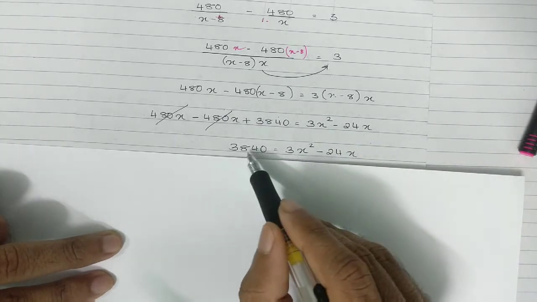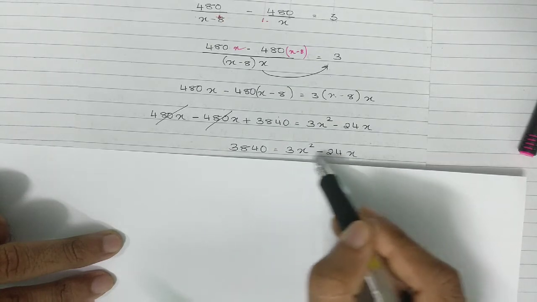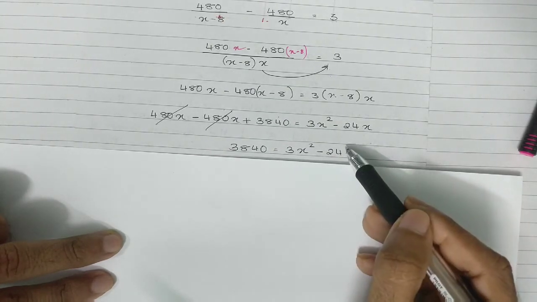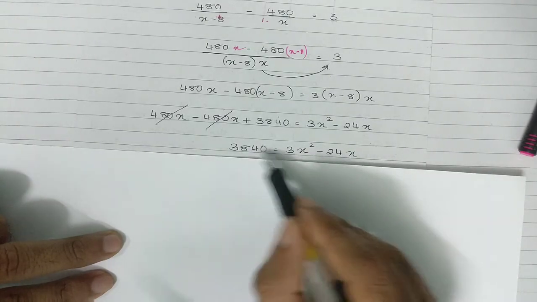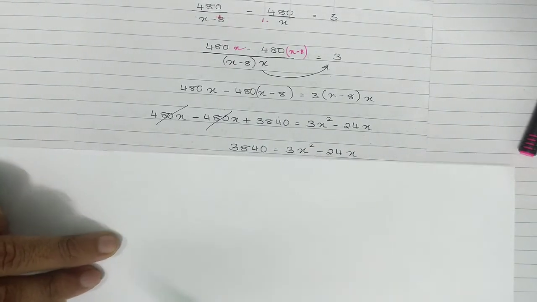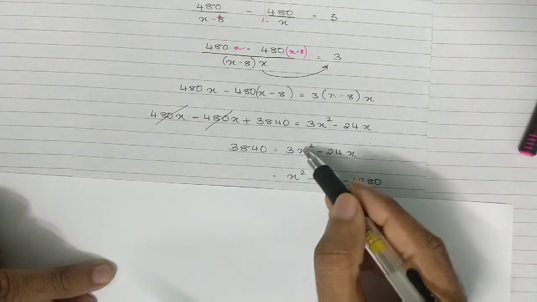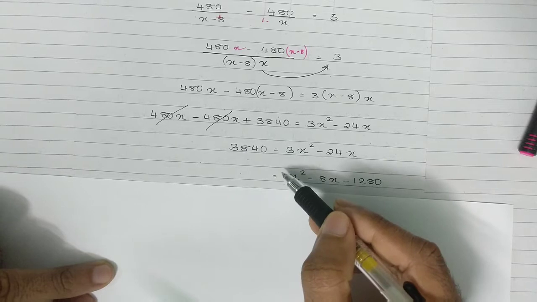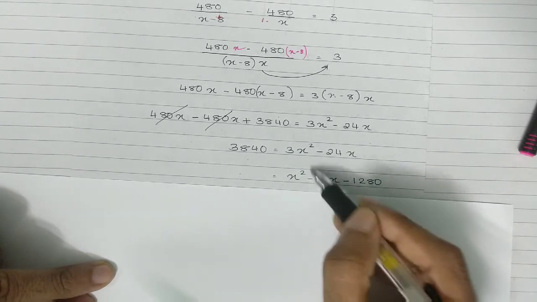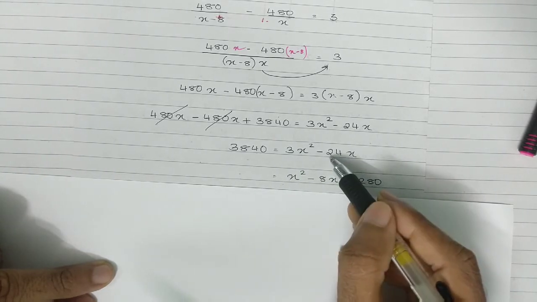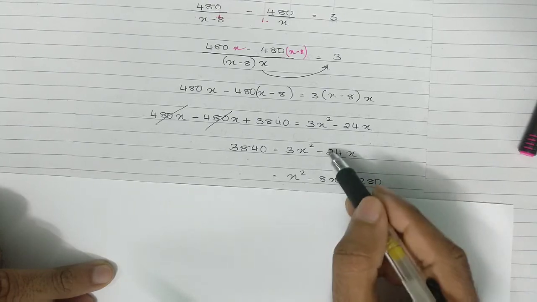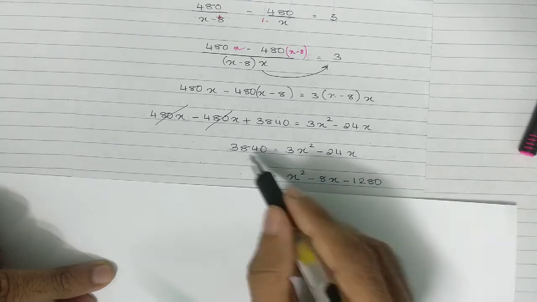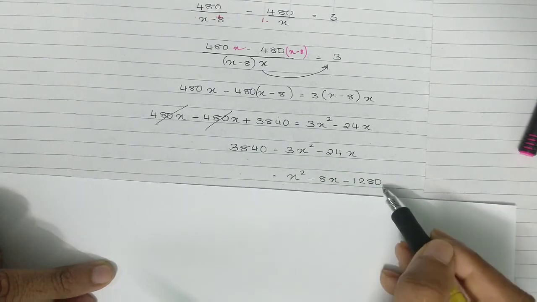Now if you look that all these numbers are multiples of 3, so instead of just complicating this problem, all I can do is divide by 3 throughout the equation, and you will get 3x squared divided by 3, this 3 and the 3 that you divided will cancel, and you'll get x squared, and 3 8s is minus 24, so that will make it minus 8, and divided by 3 will give you 1280.